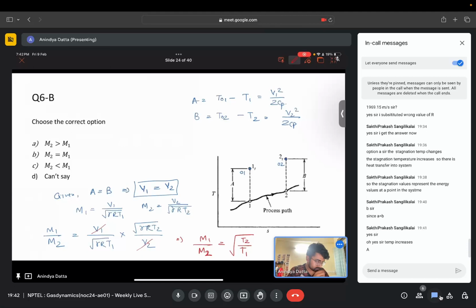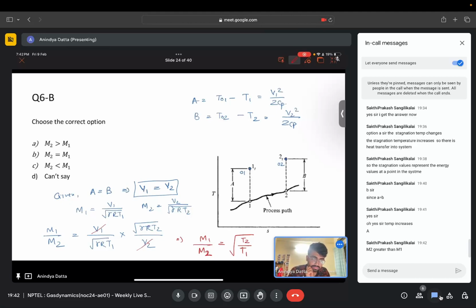Right? Now say which is the correct option. Is M2 greater than M1 or M1 greater than M2? This ratio is greater than 1, right?